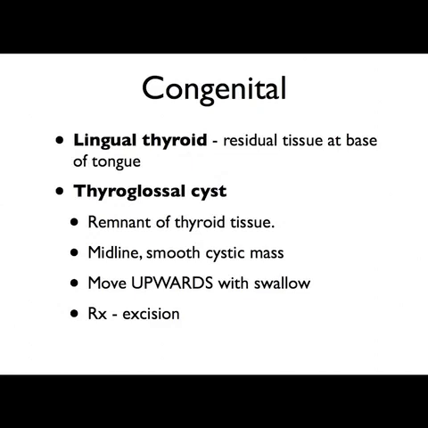There's also the thyroglossal cyst, a remnant of thyroid tissue. This is found in the midline, and it's a smooth cystic mass which moves upwards with swallowing, so when you get your patient to swallow that bit of water in your thyroid exam, you see it move up. It would also move up on protrusion of the tongue, because it's still connected to the base of the tongue. And treatment is, once again, excision.